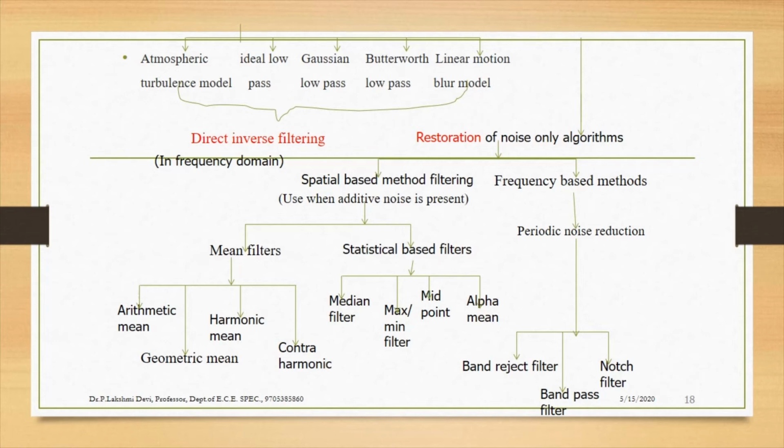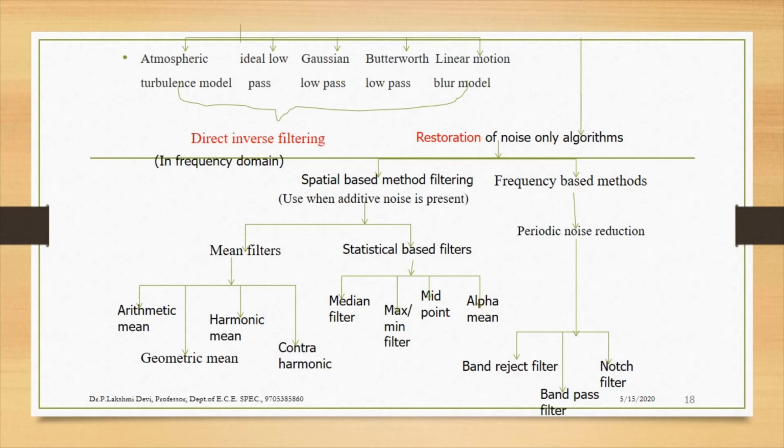Now coming to the restoration due to noise only, without any other degradation mechanism, what methods can we use for minimizing it? That means spatial based method filterings and frequency based methods.